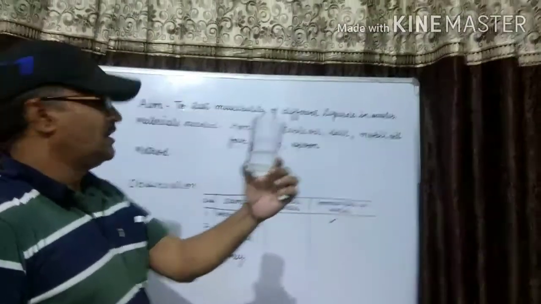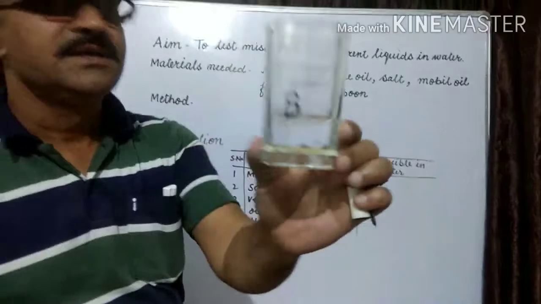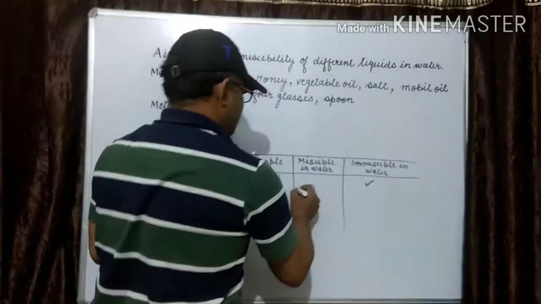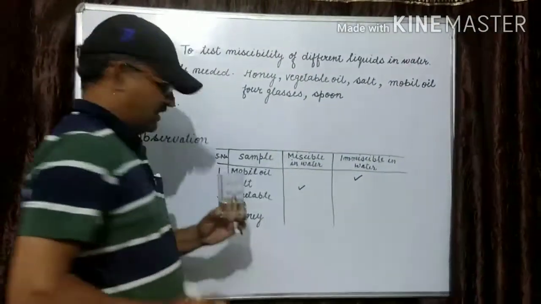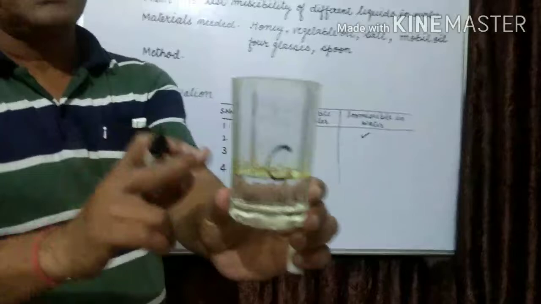A part is complete. Now the second one, this is B part. We have taken salt. Is it miscible or immiscible? It is miscible. Salt is miscible. Third, C. We have taken vegetable oil.